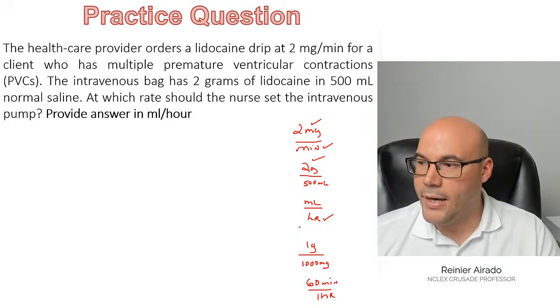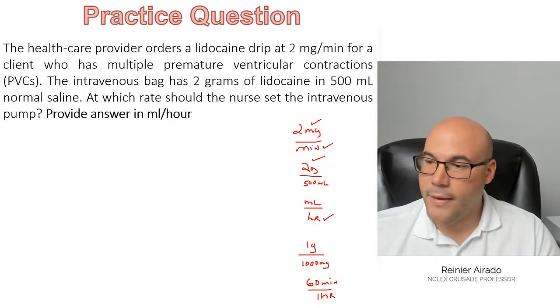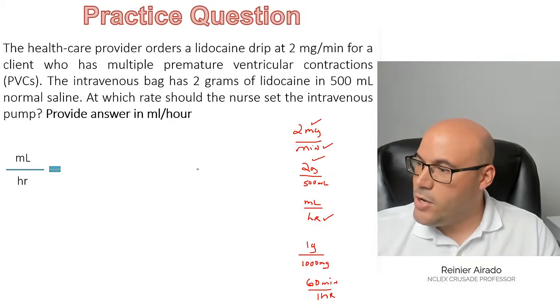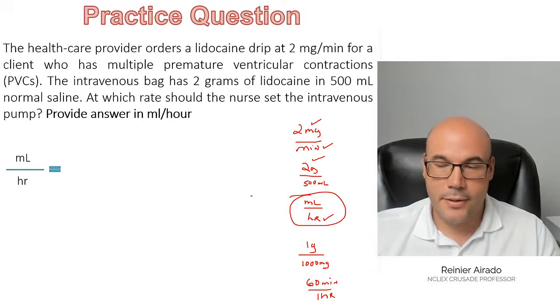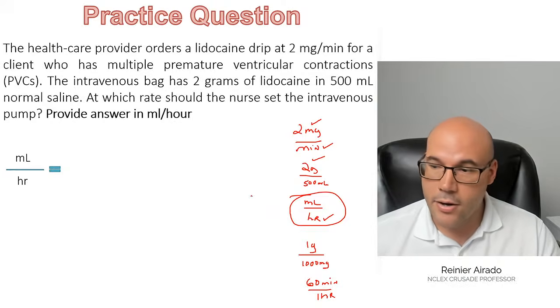Now I will begin with the question. And what is the question? ml per hour. So that's what I will do. ml per hour equals, and I will begin. You already know that I need milliliters on the numerator.